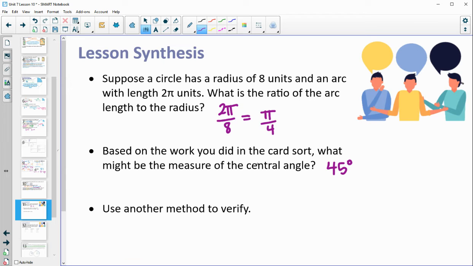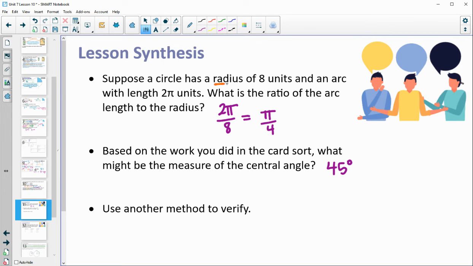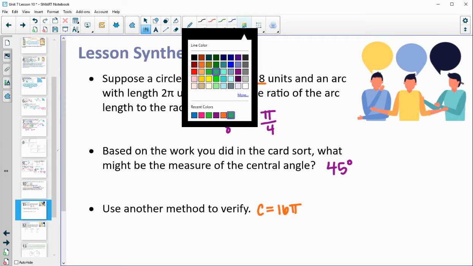And could we verify this with another method? They gave us the radius here, so we're able to calculate the entire circumference. The circumference would be 16 pi, and the arc length they gave us was 2 pi.